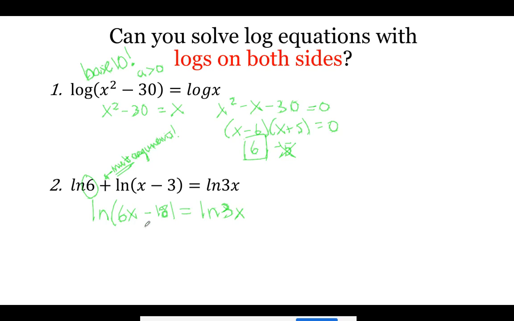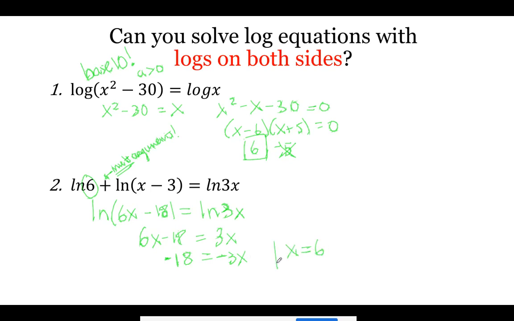So then we've got 6x minus 18 equals 3x. I'll subtract 6x, and you've got negative 18 equals negative 3x. Divide by negative 3, and we've got x equals 6.